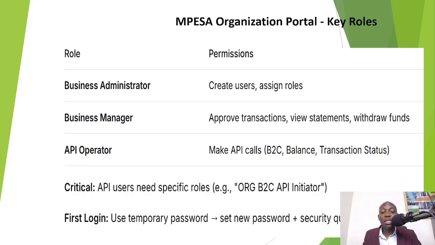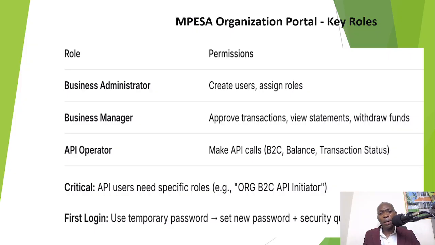Let us go to business manager. This business manager is very critical. Why? Because he approves the transactions, he views the statement, he withdraws funds, he approves maybe reversals and so on. So when you are creating a business manager, ensure that you give this business manager the required roles. Number 3, API operator. Basically, an API operator is a web operator who initiates API calls.